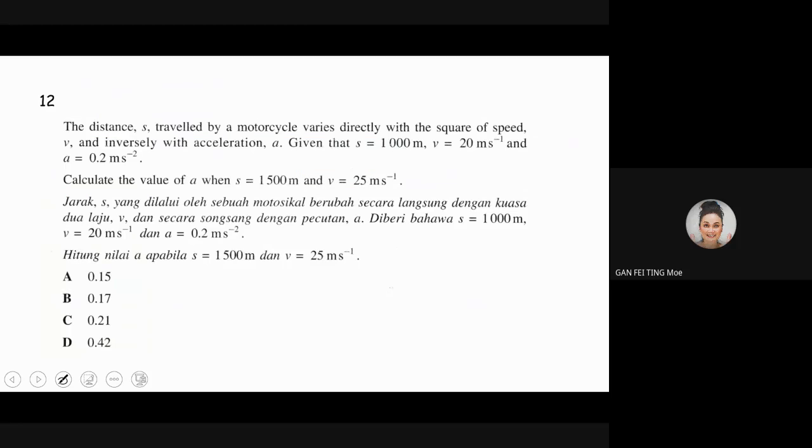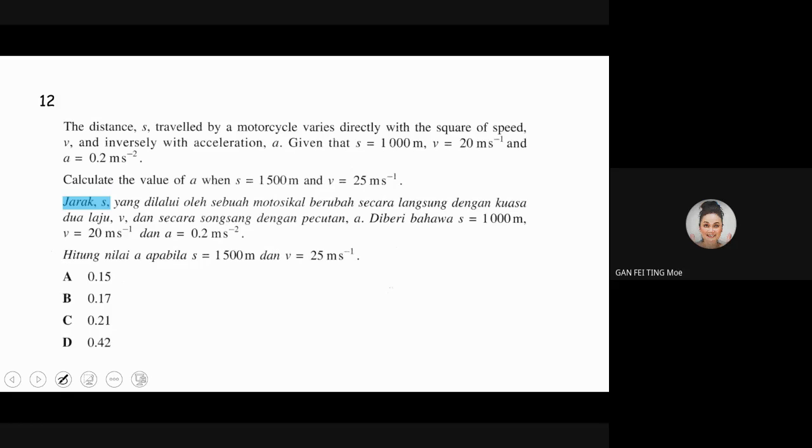This is another question on variation, question 12. The distance S traveled by a motor varies directly with the square of the speed V, and inversely with the acceleration A. This question is very technical, just solving.